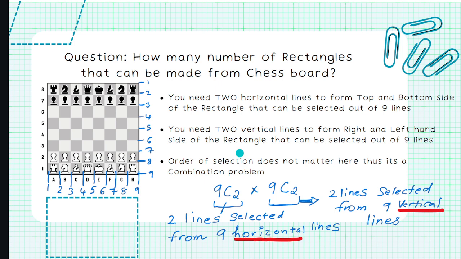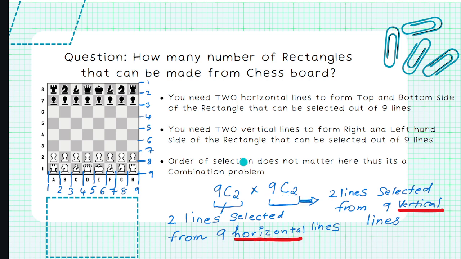Similarly, you need 2 vertical lines to form the right and left-hand side of the rectangle, selected out of 9 lines. It's the same scenario as the horizontal lines: you have 9 lines to choose from, you need to choose 2, and it's a combination. So again, it's 9C2. Okay?